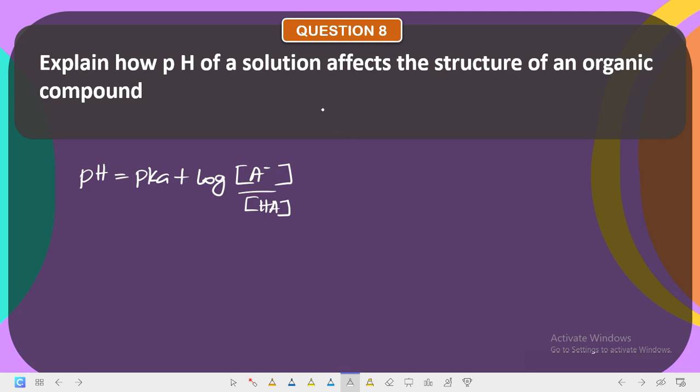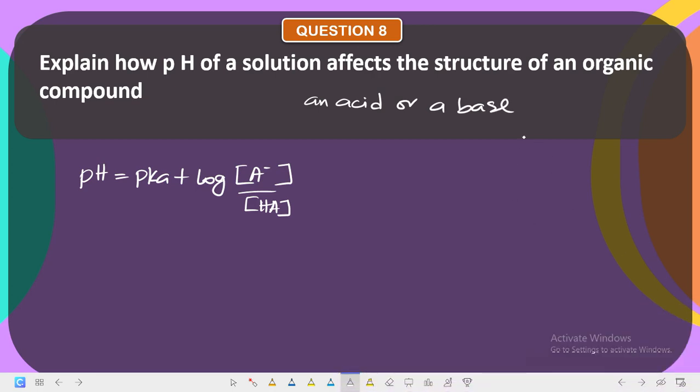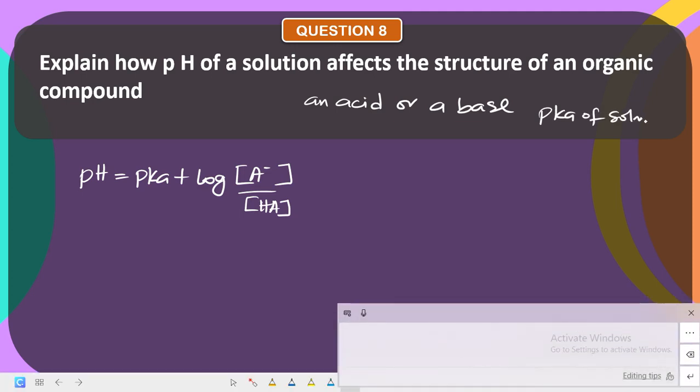Whether a compound will remain as an acid or a base is dependent on the pKa of the solution and the pH of the compound.